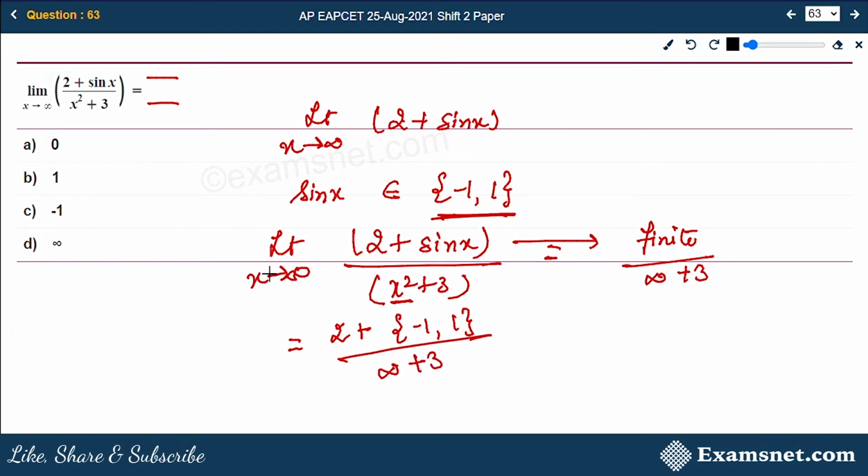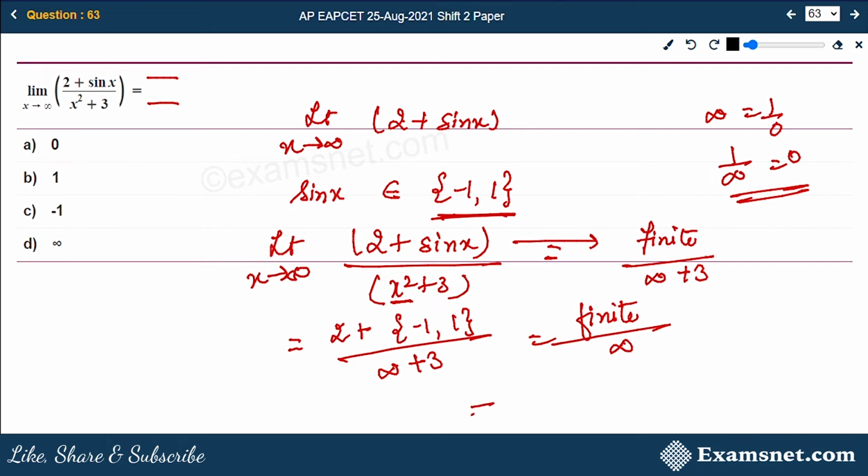So this is of the form finite term upon infinity, correct? Infinity is actually 1 upon 0, so 1 upon infinity is equal to 0 itself. So this will evaluate to 0. So the correct option is A, that is 0. Let's go to the next question.